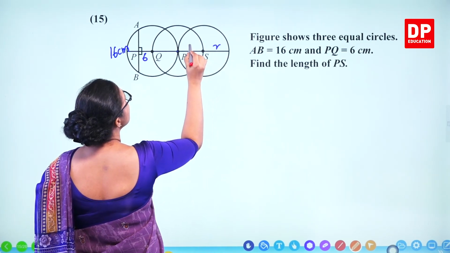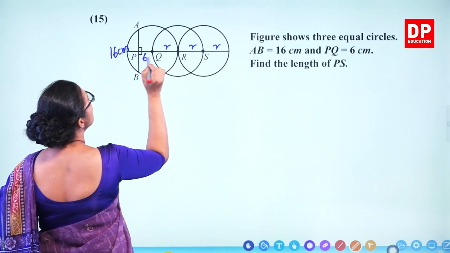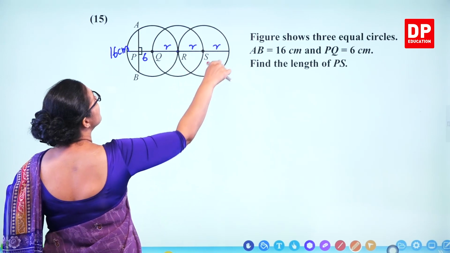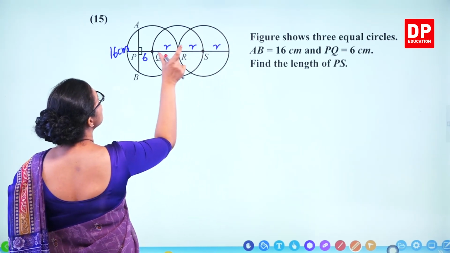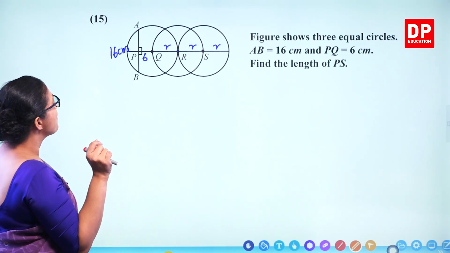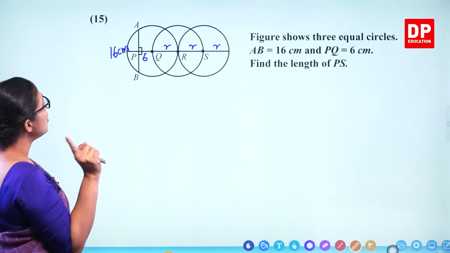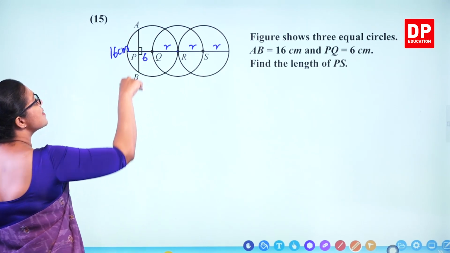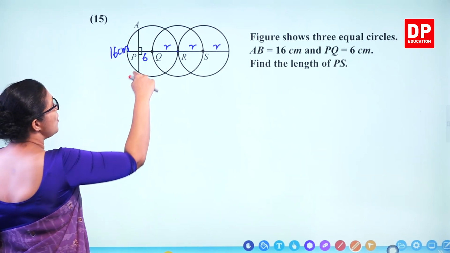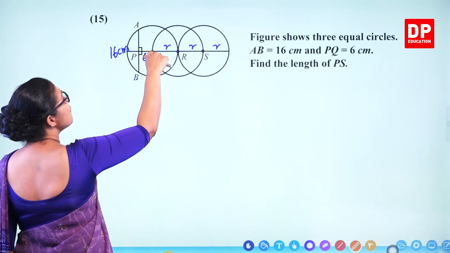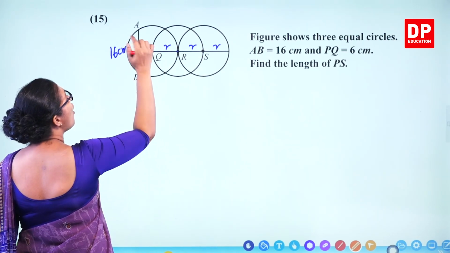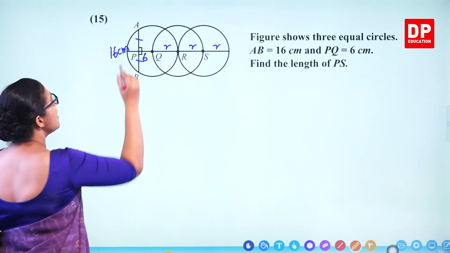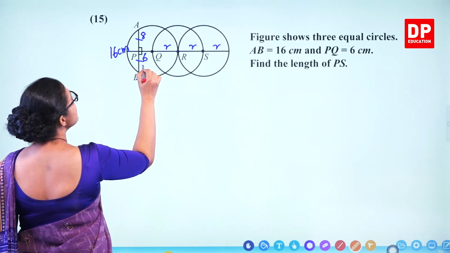This is R, this is R, the same R. And also, we know if this is 16 and you draw a perpendicular line from the center, the chord is divided equally. So if the whole thing is 16, this side is 8, this side is 8.